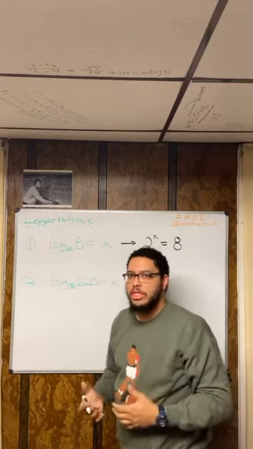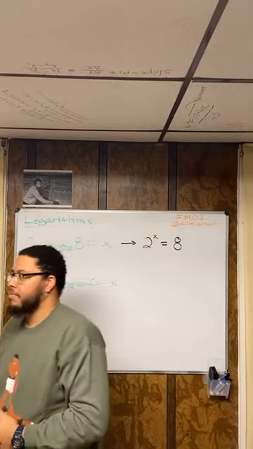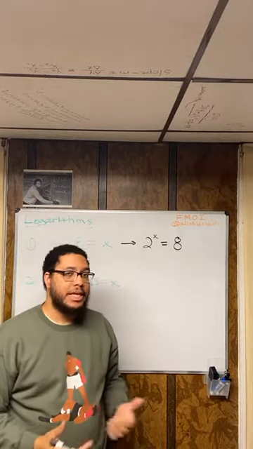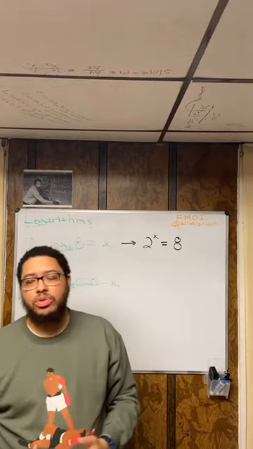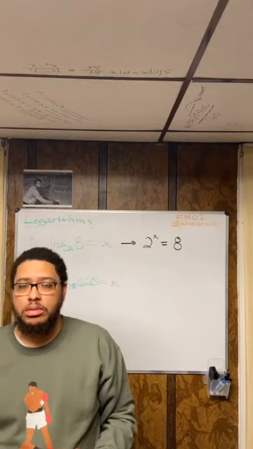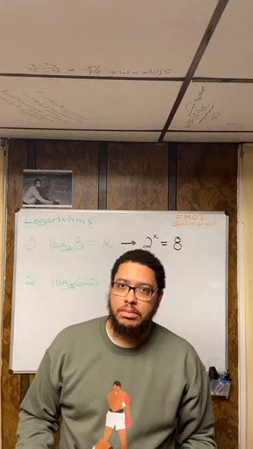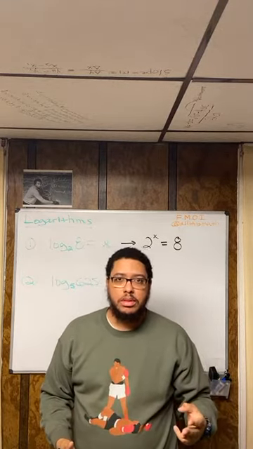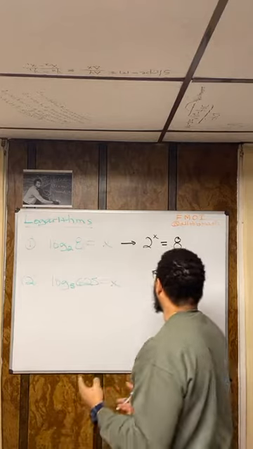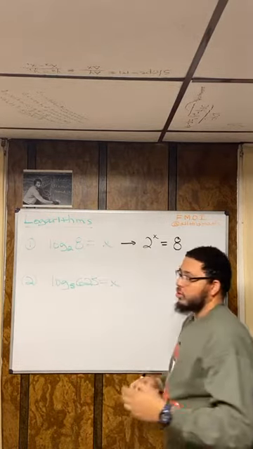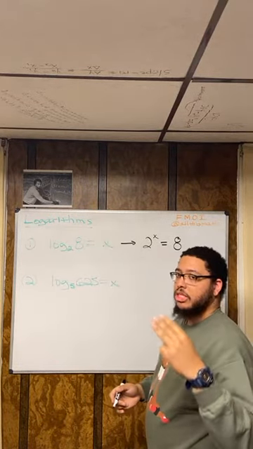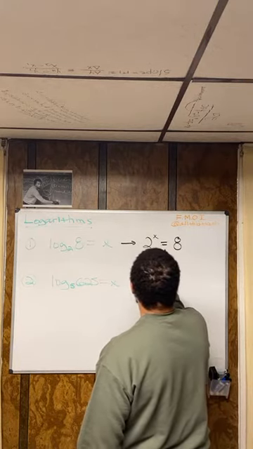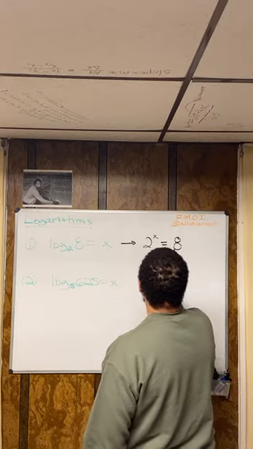Now in exponential form, we basically ask ourselves, okay, 2 to what power equals 8? How many 2's need to be multiplied to give me 8? 2 times 1 is just 2. That's not 8. 2 times 2 is 4. That's not 8. But what about 2 times 2 times 2? That's 8, right? That's 3 2's. So that would mean that x is going to be equal to 3.